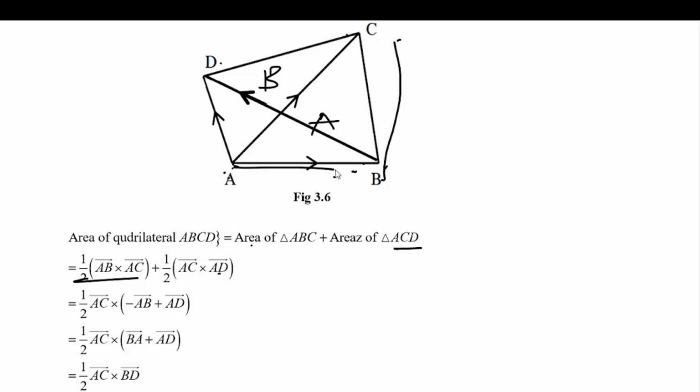This one is AB cross AC. For the second one, we have AC cross AD. Alright. Now we know that we can factor half and AC out. Here are the common ones we see: half out, AC is here, another AC is here.